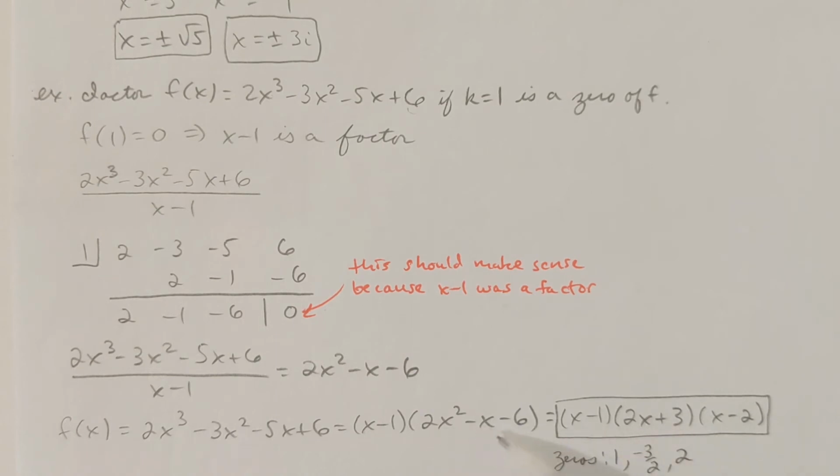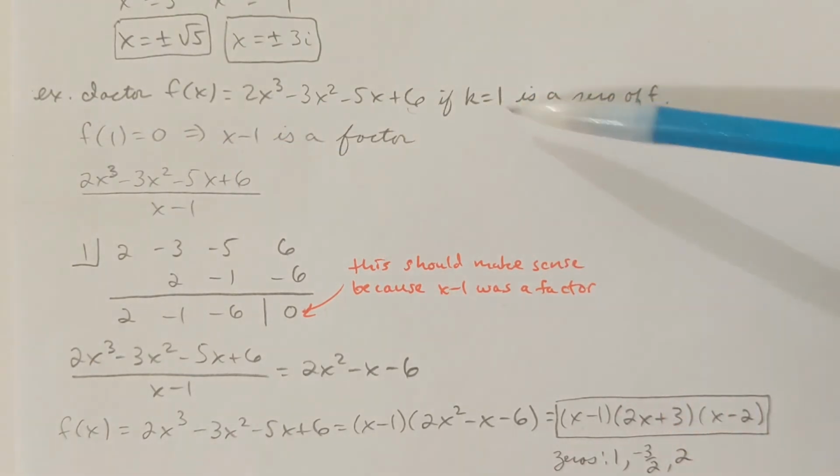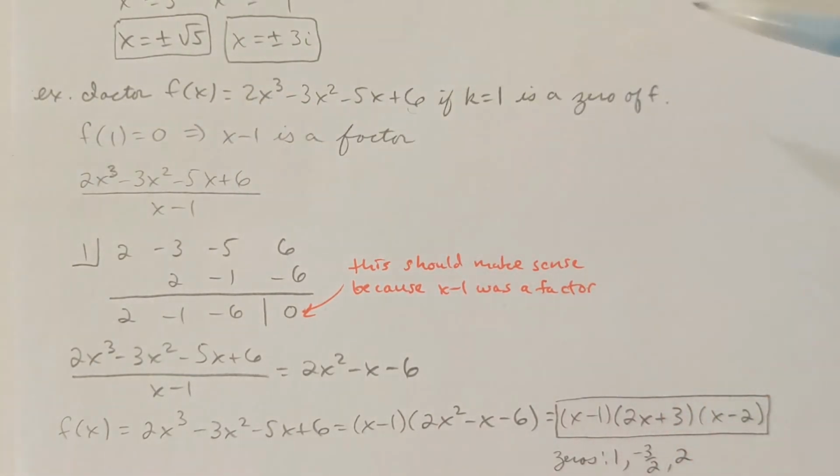Well, 2x squared minus x minus 6 is going to factor nicely as 2x plus 3 times x minus 2. So x minus 1 times 2x plus 3 times x minus 2 would be the factors. And so I've answered the question about factoring f of x.